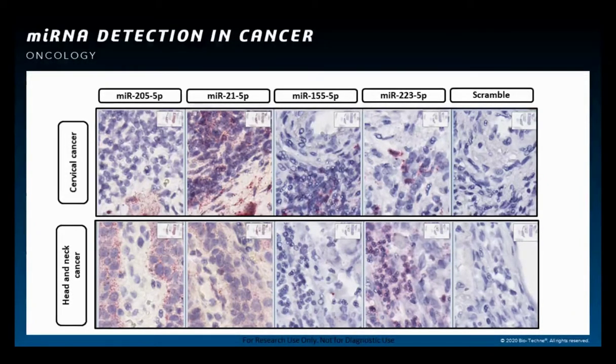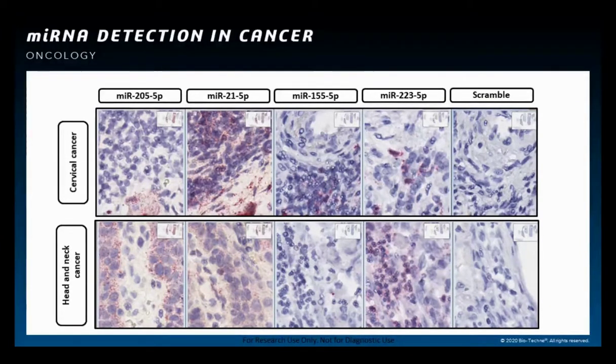Next is miR21-5P, and this is actually one of the earliest identified cancer-promoting microRNAs, otherwise known as oncomers. And it has been shown that in several oncology cases, this particular microRNA in fact activates the PI3K-AKT signaling pathway, and it also enhances oncogenic KRAS activation, leading to tumor initiation and progression.